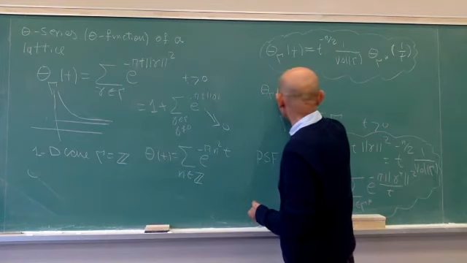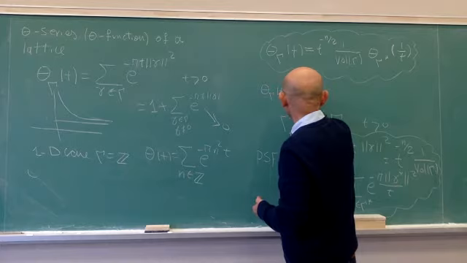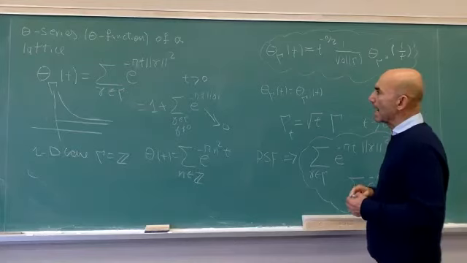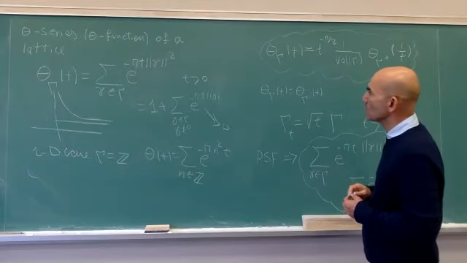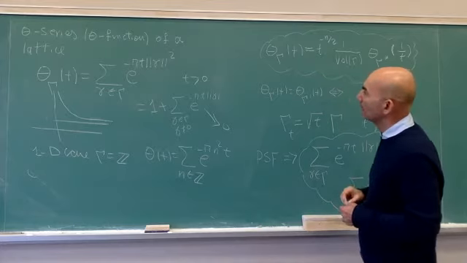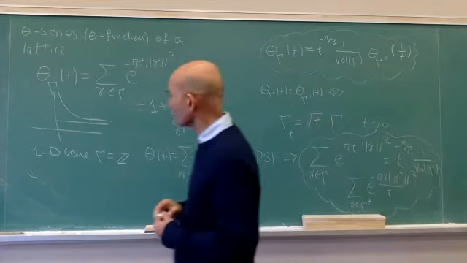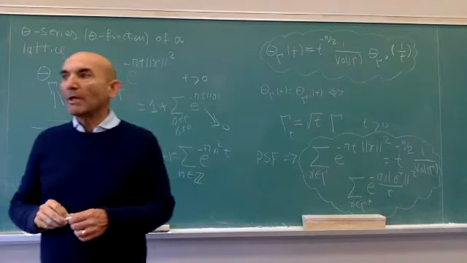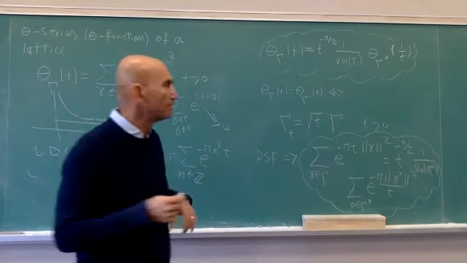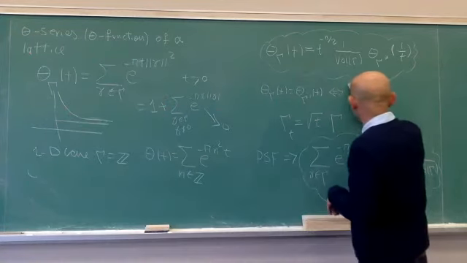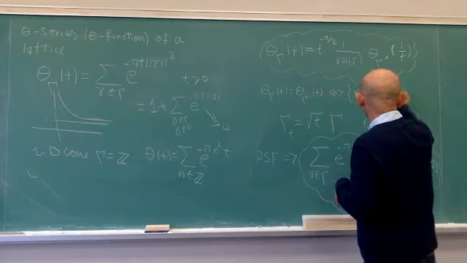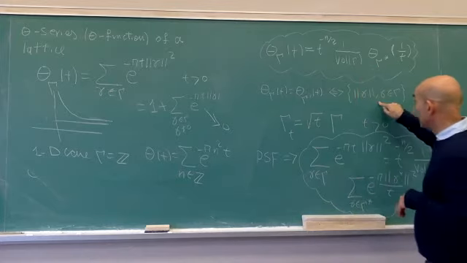Theta gamma of t is equal to theta gamma prime of t if and only if they have the same lengths, this set of norms of gammas, gamma belonging to the lattice, with multiplicities.